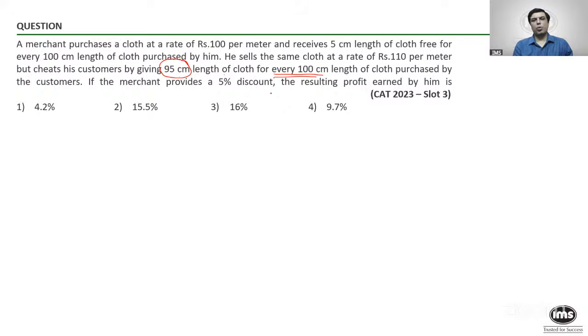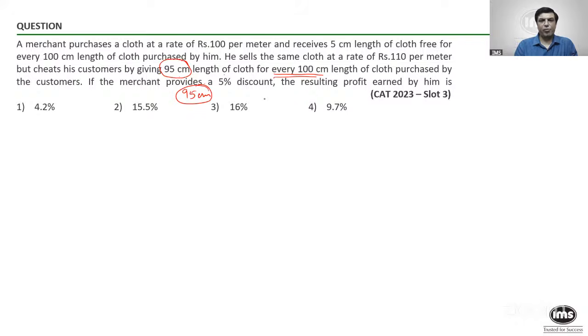Now, when you buy 100 centimeter from him, he's giving you 5% discount, which means instead of taking the value of 100 centimeter from you, he is taking the value of 95 centimeter from the customer. 5% discount means what? If you buy 100 articles, he says, okay, 5% discount, just give me the value of 95 articles.